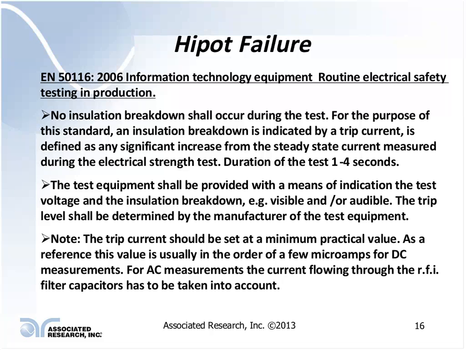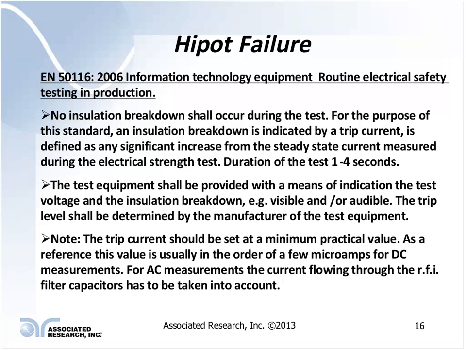It says no insulation or breakdown shall occur during the test. For the purpose of this standard, an insulation breakdown is indicated by the trip current, which is defined as any significant increase from the steady state current measured during the electrical strength test.